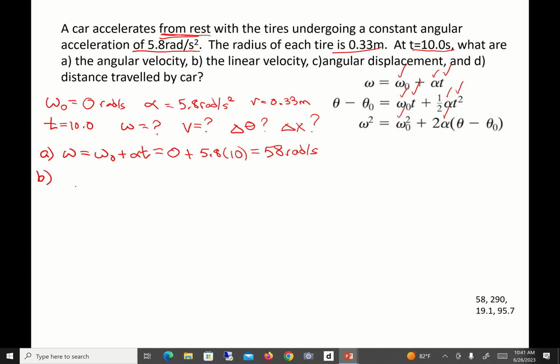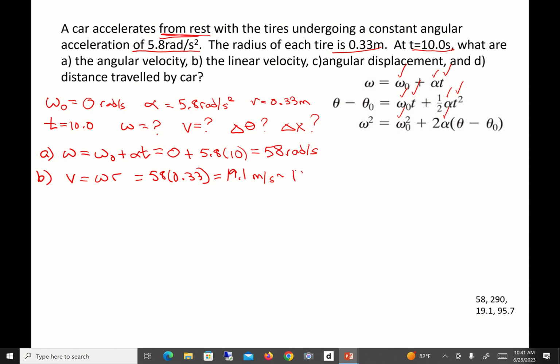Part B asks for the linear velocity. We need to remember that the linear velocity and the angular velocity are related by the radius. The radius is 0.33 meters. I know omega, so I'll just do 58 times 0.33, and I get 19.1 meters per second.